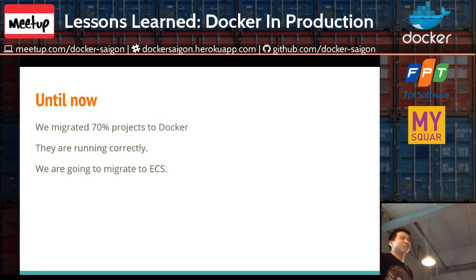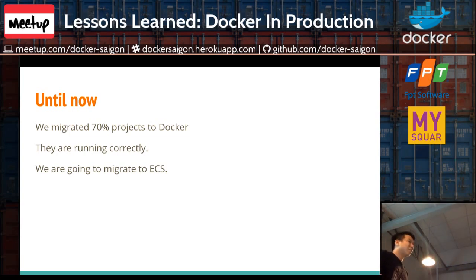What is your decision to migrate all your Docker containers to ECS? Now we just Docker the application. The reason we migrate to ECS is scalability, because it is easy to scale with ECS. ECS stands for Elastic Container Service. It is a service of AWS, like Docker Swarm or Kubernetes.